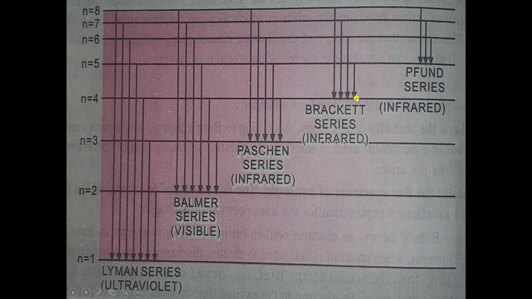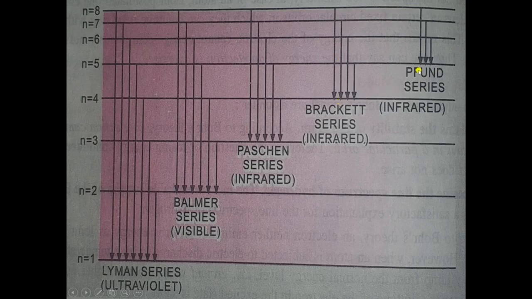Now next one is, if the electron is present in n is equal to 4 orbit, then the excited state can be 5, 6, 7, 8. So the possibility can be that the electron will come back from 5 to 4, 6 to 4, 7 to 4 and 8 to 4.